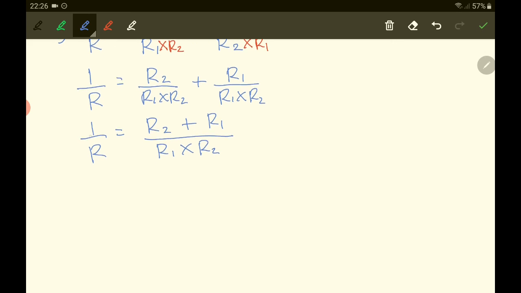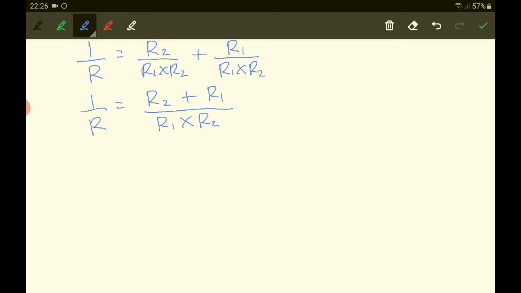Because this is 1 over R, and we want to make R the subject of formula, I can flip this. I can make R on the top and 1 on the bottom, and then I also flip this one.